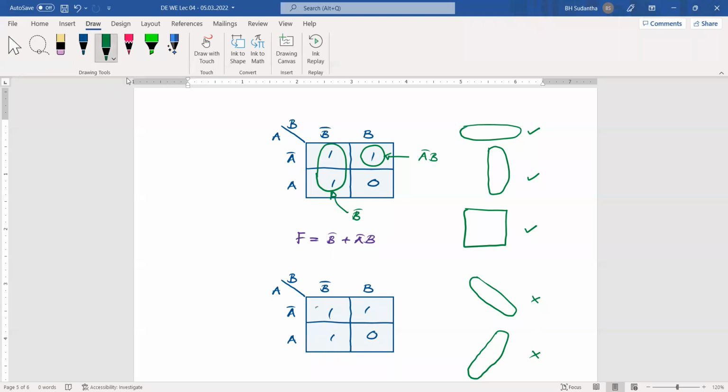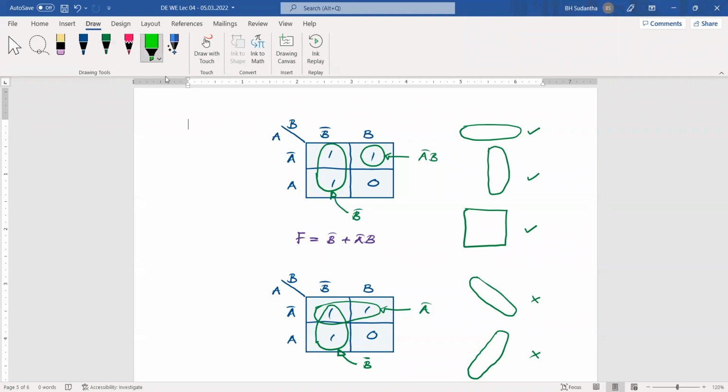From the first one, we take this one. And what is this? This is A bar. Considering this one, we can take this. Then what is this? This is B bar. Can we do like this?